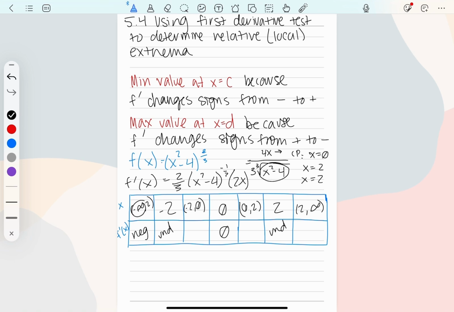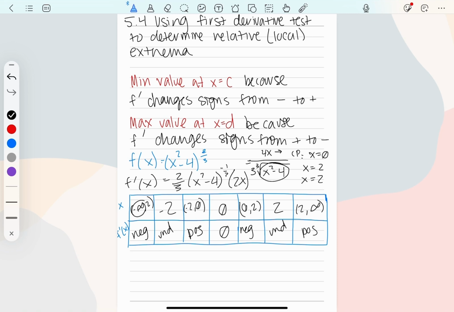Plus a negative in here. We'll put negative 1 back in here. Negative 1, that would be positive. Here, this would be a negative. And 2, this would be a positive.